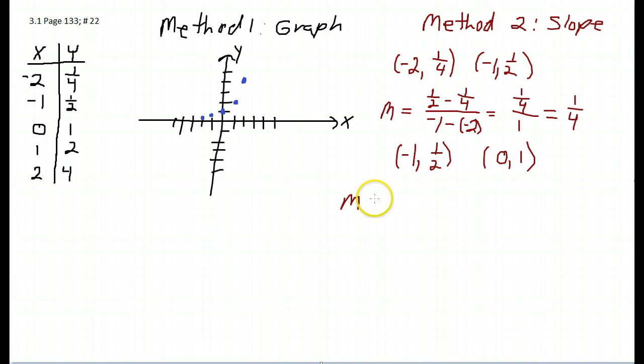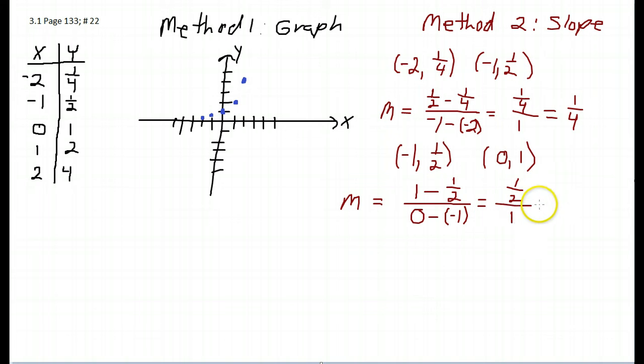So our slope: y-coordinate of the second point, 1, minus the y-coordinate of the first point, 1/2, over the x-coordinate of the second point, 0, minus the x-coordinate of the first point, -1. 1 minus 1/2 is 1/2. Double negative becomes a positive, so 0 plus 1 is 1. 1/2 over 1 is 1/2.